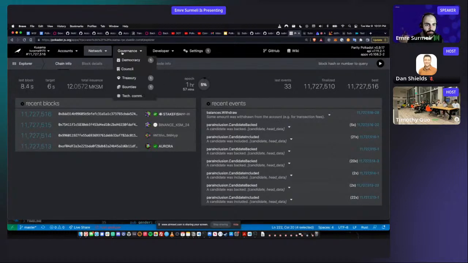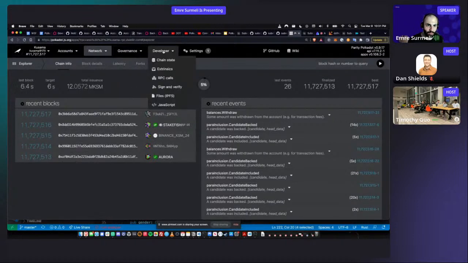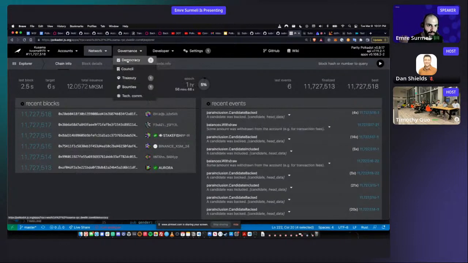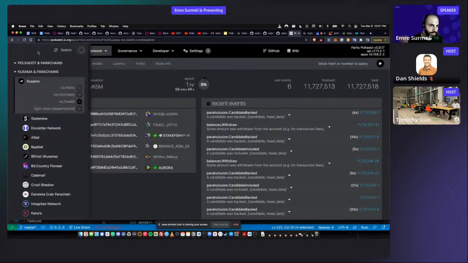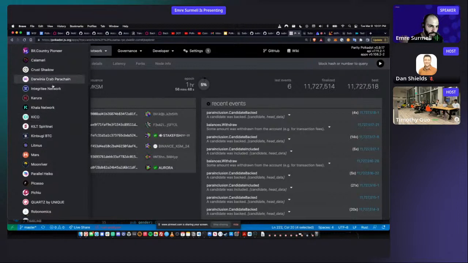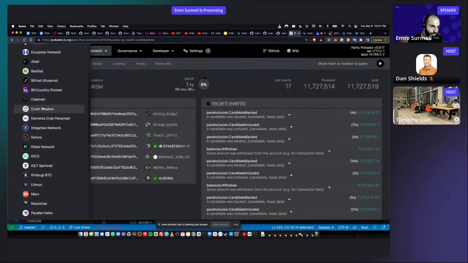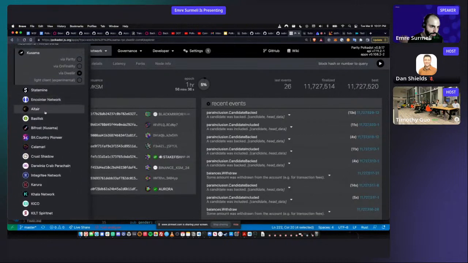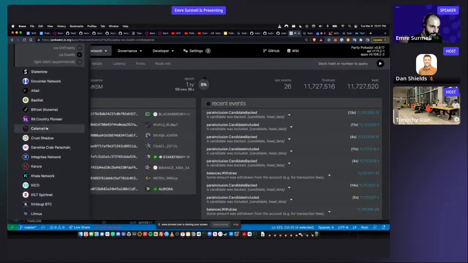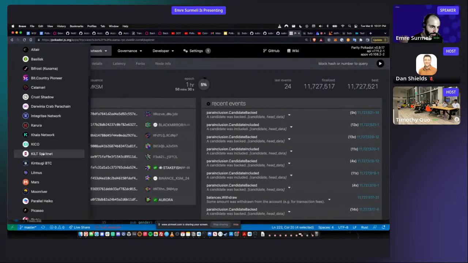We have our governance tab, so we can see what's going on in different types of updates that might be proposed. And here, we can see all the other parachains that exist on Kusama. So, for example, I kind of want to check out, let's do Kilt.